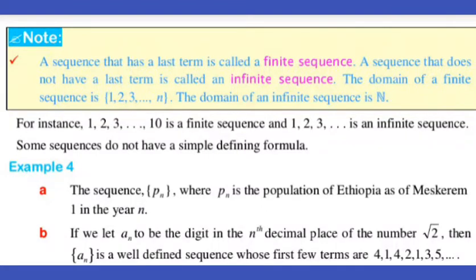And another example, if we let an be the digit in the nth decimal place of the number root 2, then the sequence an is a well-defined sequence whose first few terms are 4, 1, 2, 4, 2, 1, 3, 5.